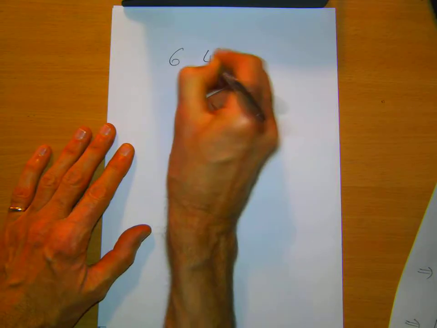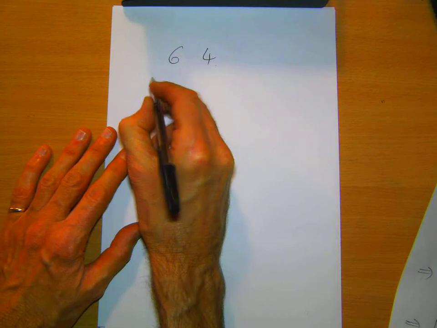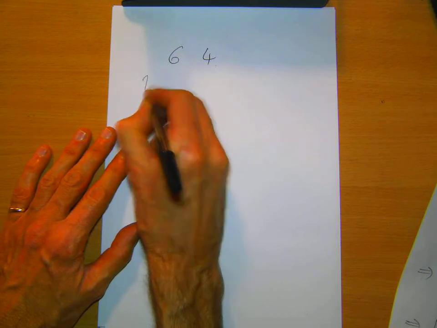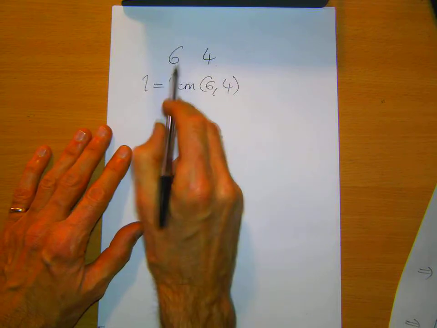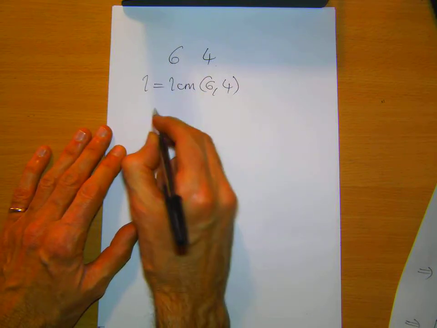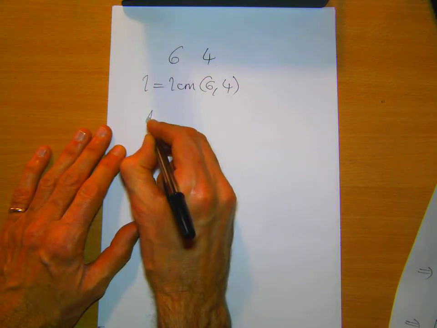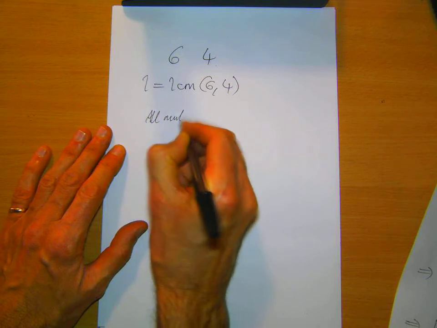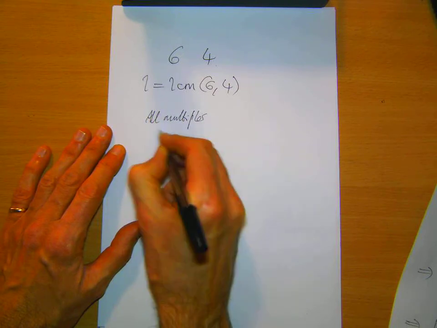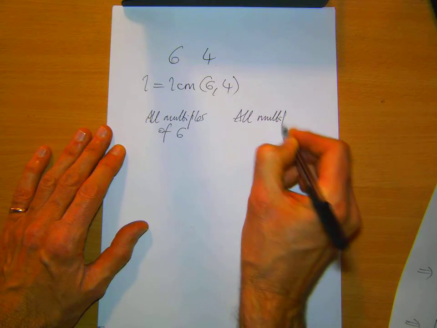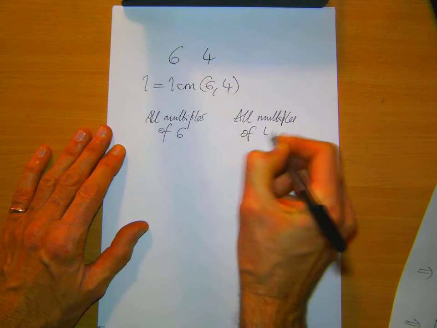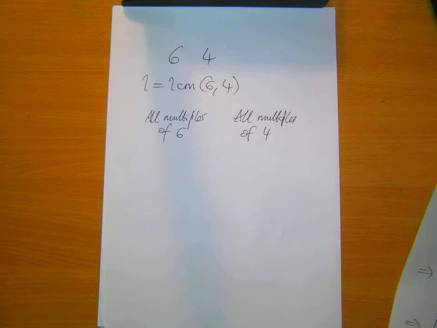if we've got 6 and 4, and we want the lowest common multiple of 6 and 4, let's call it 12, what we do is we look at all multiples of 6, and we look at all multiples of 4. So we could look at the set of all multiples of 6, the set of all multiples of 4.